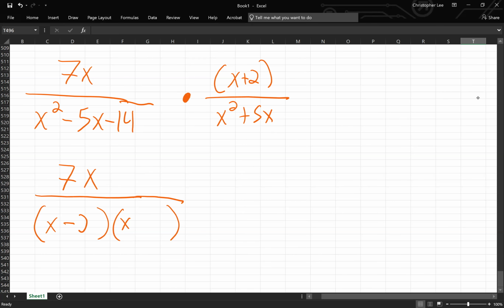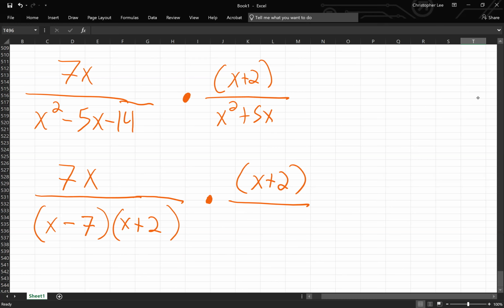Very good, right? That's not how you write 7. Negative 7 and 2, right? So negative 7 times 2, that's negative 14. Negative 7 plus 2, that's negative 5. All right, not too bad. And then I still have my x plus 2 up here. What about the bottom? What do I have there?